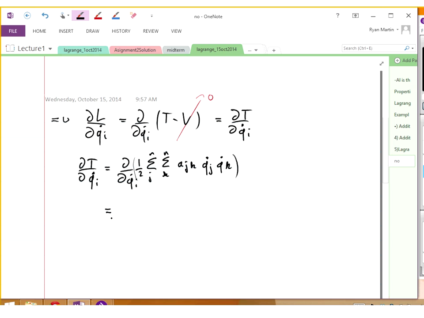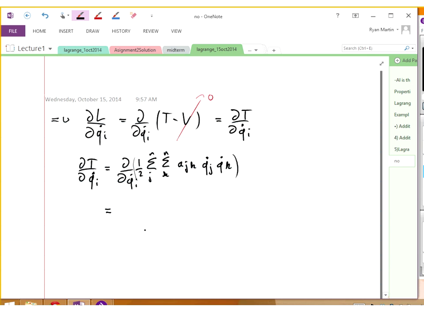So if I take the partial derivative with respect to Qi dot on the inside, it's ∂/∂Qi dot of A_JK Qj dot Qk dot. At one point in the sum over the J's, the Qj is going to be equal to the Qi. And so the partial derivative with respect to Qi dot is going to be the term that goes with that Qi dot, right?